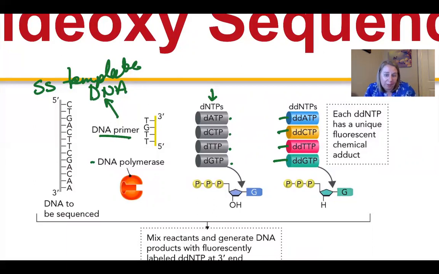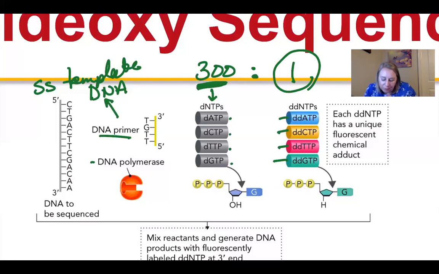And so that's why we have them that way, okay? What's really important is that you have about a 300-to-1 ratio of dNTPs to ddNTPs, which means that you have a ton of nucleotides that can be put in, but only a little bit of the ones that are going to end DNA synthesis.